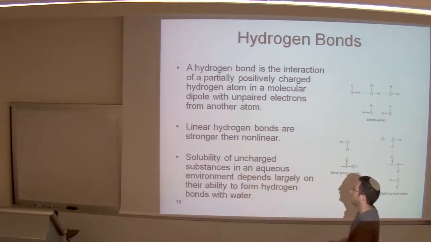And what stands at the base of stabilizing uncharged molecules in aqueous solution is the hydrogen bond. So for uncharged substances in aqueous solution, solubility will be determined largely by their ability to form hydrogen bonds with water molecules.